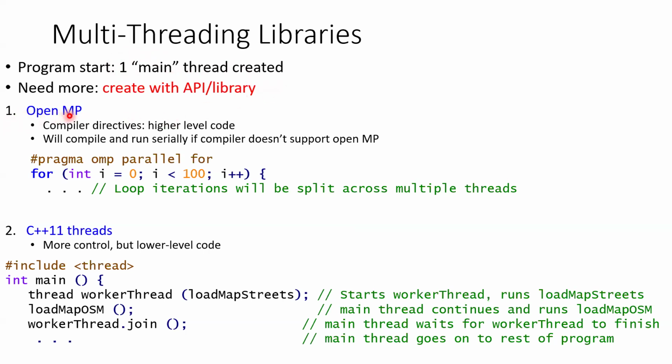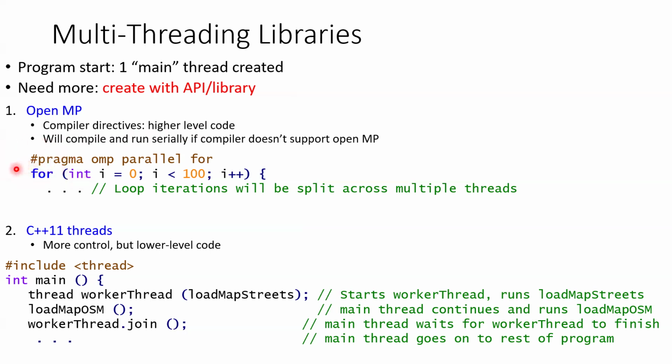The first option is the OpenMP compiler directives. This is what we recommend you to use in M4 because it's very easy to write. It is higher level code. It will compile and run serially if the compiler doesn't support OpenMP, so you don't have to modify your normal code for that.